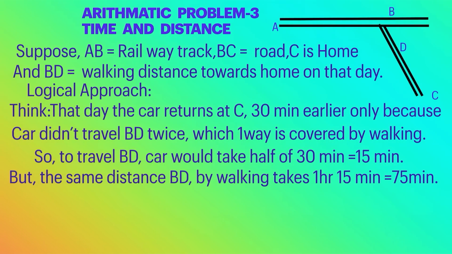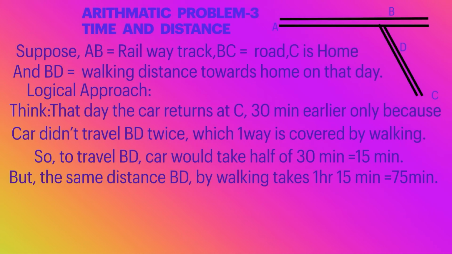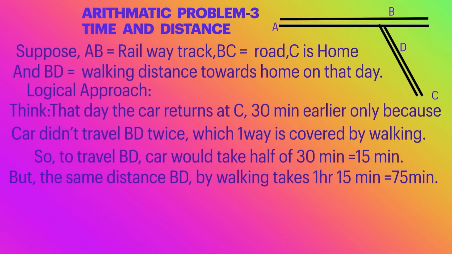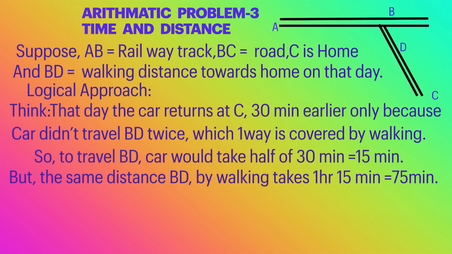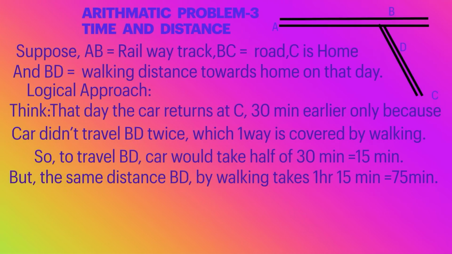So the same distance BD, if the car would travel, it would take 15 minutes, whereas the man has taken 75 minutes. So clearly, your secret logical relation will be these different times taken by the car and the man.